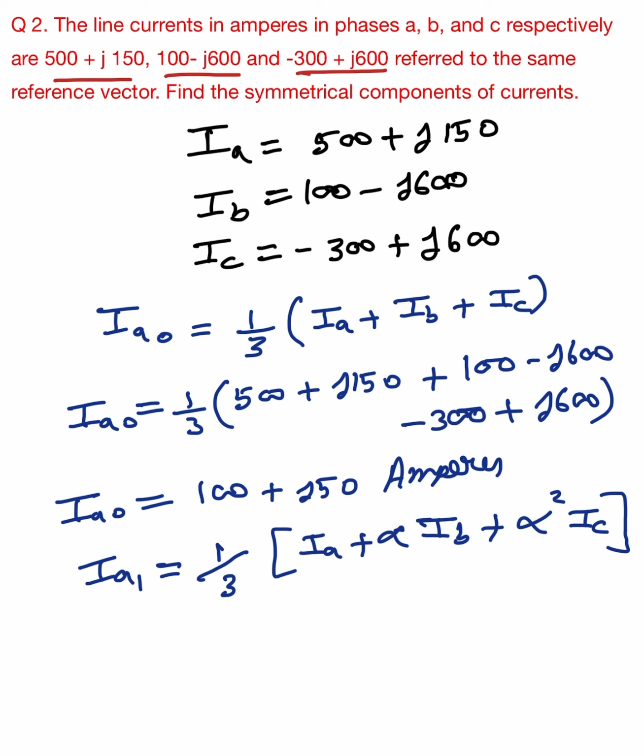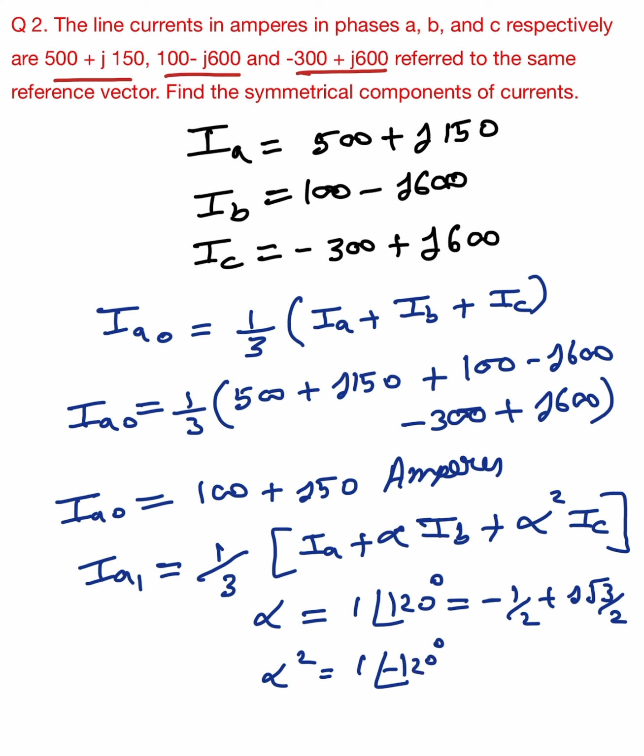In the previous question alpha is written in angle form as 1 angle 120 degrees, and when you convert it from polar to rectangular form, its value is minus 1 upon 2 plus j root 3 by 2. Alpha square is 1 angle minus 120 degrees, which is minus half minus j root 3 by 2.